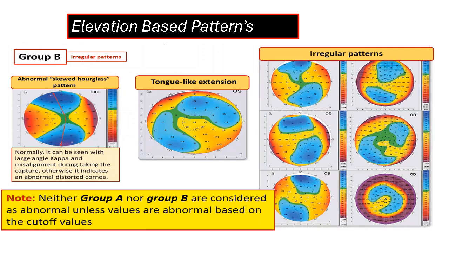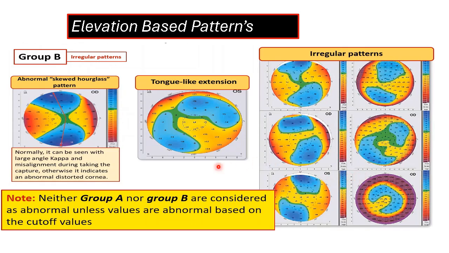Group B in the elevation map based patterns is the irregular patterns. The irregular patterns, like the hourglass pattern with skewed deviations, is one of the abnormal or irregular patterns. Also the tongue-like extension, which is seen in the elevation maps, and multiple other irregular patterns like the D-shaped and multiple irregular surfaces.